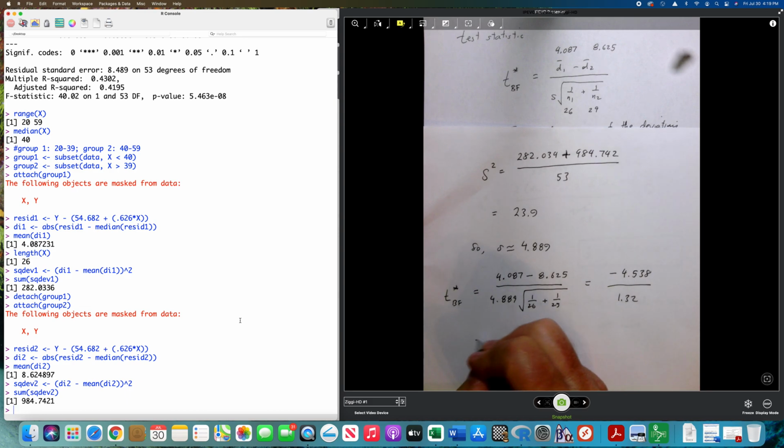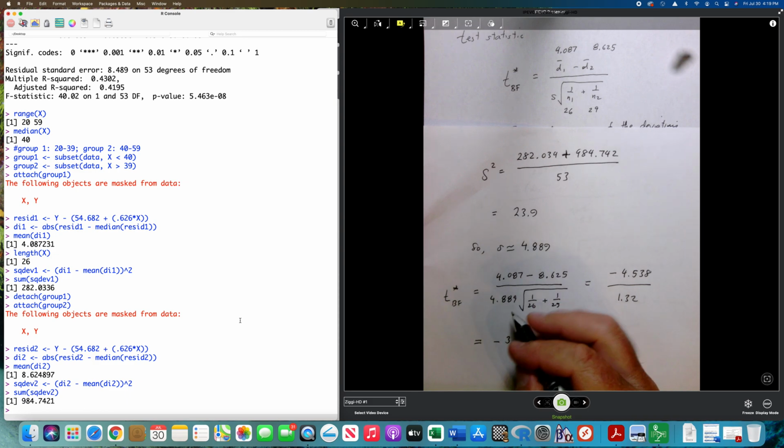So it looks like the test statistic is negative 4.538 divided by 1.32. So it's approximately negative 3.438.